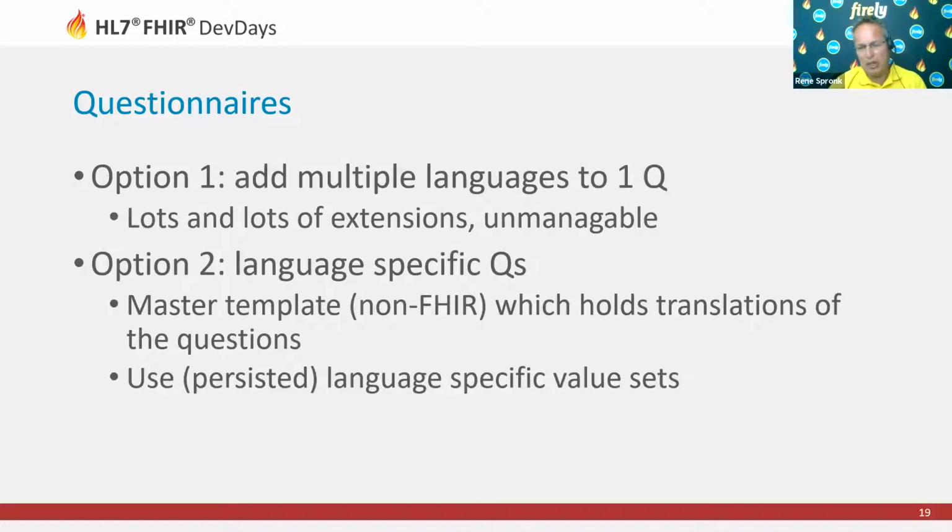This has the benefit that if you want to modify the master, because you have a new question or whatever, you can still automatically generate all the language-specific questionnaires. So with questionnaires, we're seeing similar behavior as with value sets: projects apparently prefer to create language-specific instances of those resources instead of having one very complex resource that contains all of the languages.